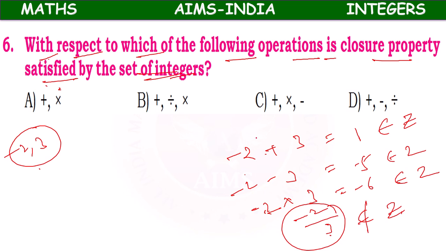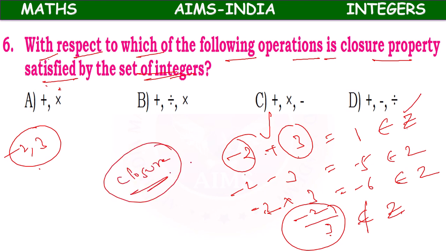Means if we have two integers, their addition is also an integer, so the closure property is applicable in addition. If we take two integers, their subtraction is also an integer, so the closure property is applicable in subtraction.